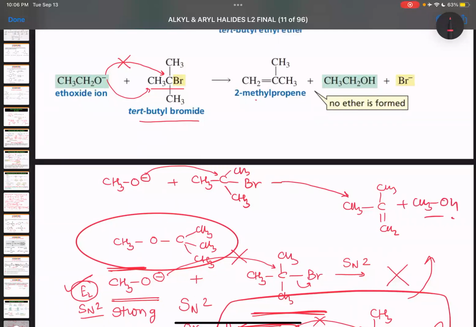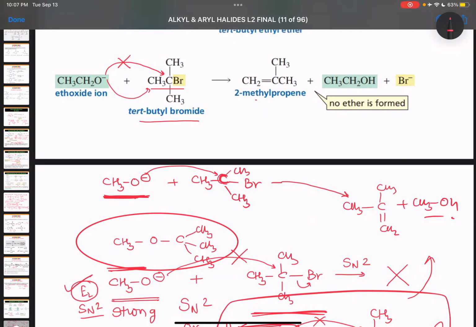Why has the ether not formed? Because the reaction you are doing is SN2 and it is very much branched. SN1 can't happen here. If you have taken alkoxide, which is a strong molecule, O minus, SN1 can't happen, E1 can't happen. You need some bimolecular mechanism in which two things are involved. So you want the ether to get prepared, but the ether can't form because for that the O minus should go and attach itself to the carbon atom.